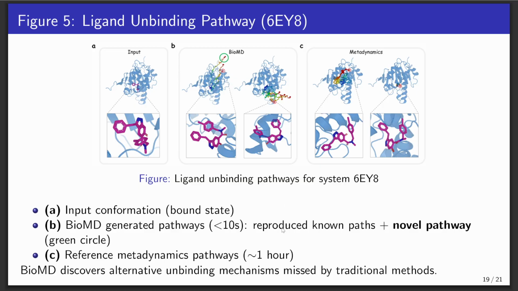It can either reproduce known pathways, but it can also predict novel pathways, which are circled in green. And subfigure C is a reference metadynamics pathway, which is simulated within 1 hour.